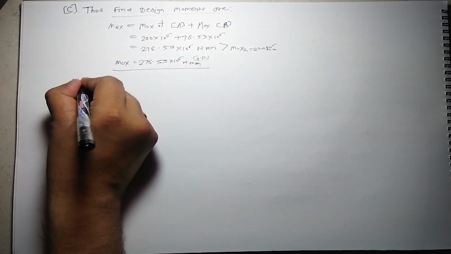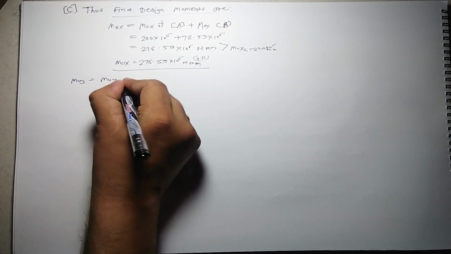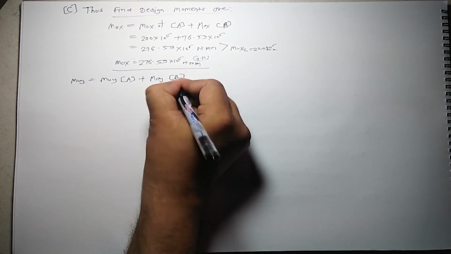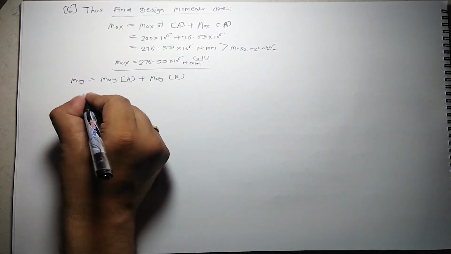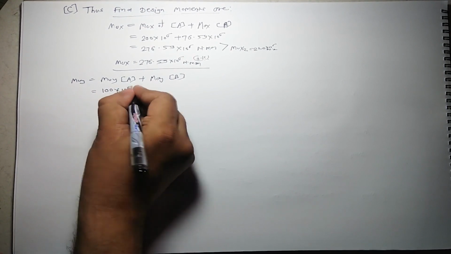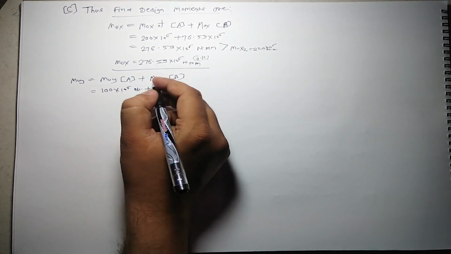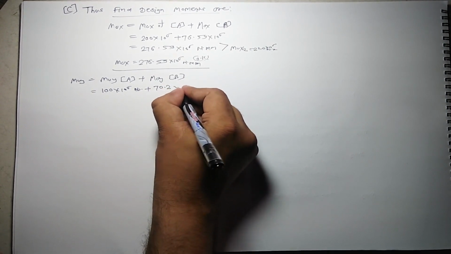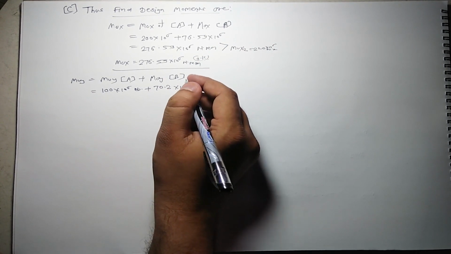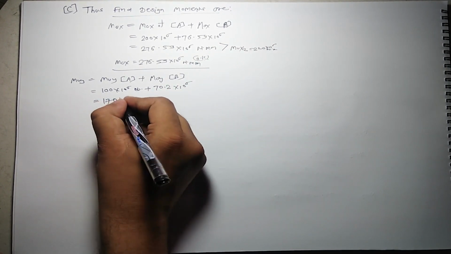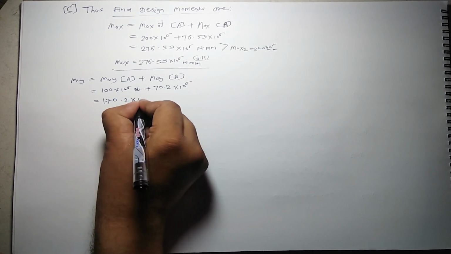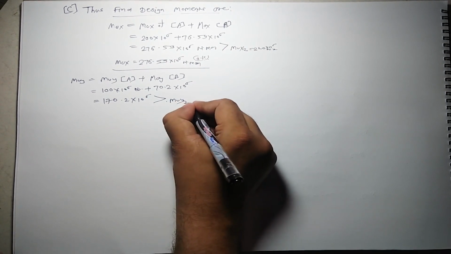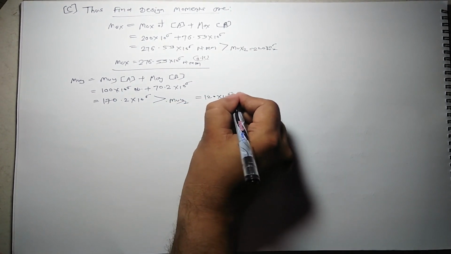Similarly for Muy, it is Muy of A plus the additional moment at Y of B. So it is 100 into 10 to the power 6 Newton mm, here we are just putting the values, and just now we have calculated 70.2 into 10 to the power 6, so it comes to 170.2 into 10 to the power 6, which is also greater than Muy2, which is 120 into 10 to the power 6.